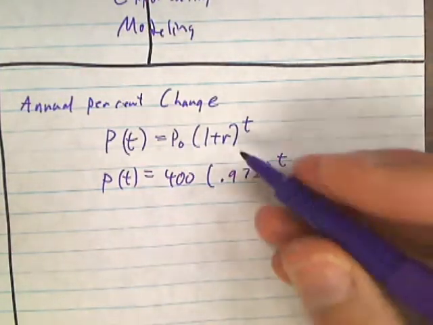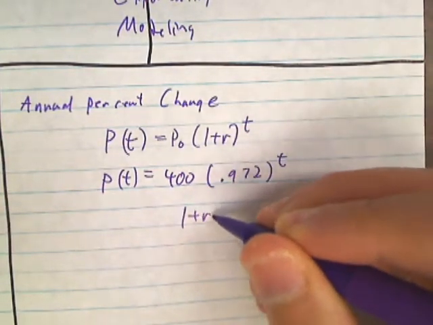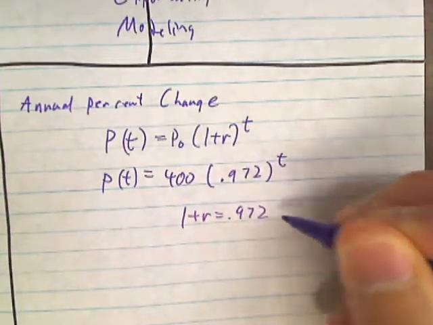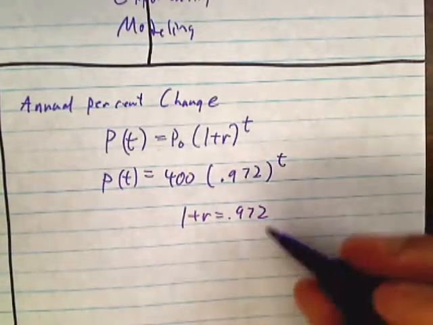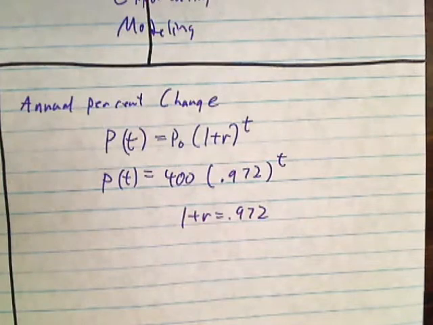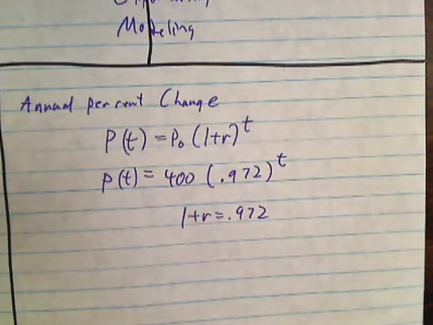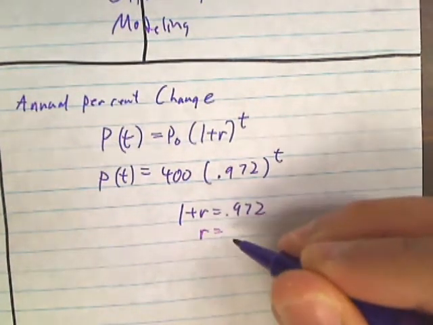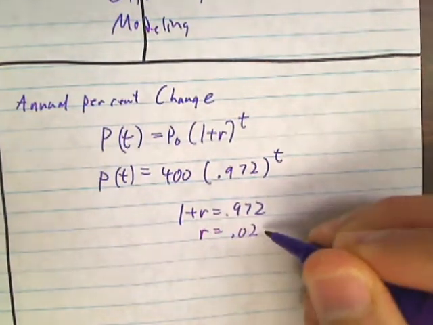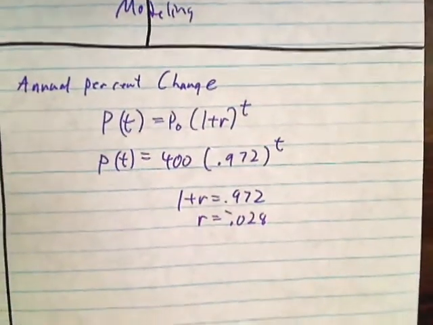Let's see. 1 plus r equals 0.972. So what is the rate? We'll subtract 1 on both sides. Let me just do it. 0.972 minus 1. Should be able to do that in my head. r equals 0.028, and it was negative.